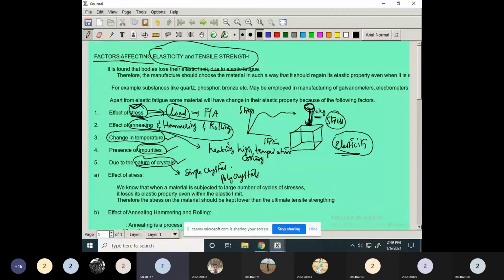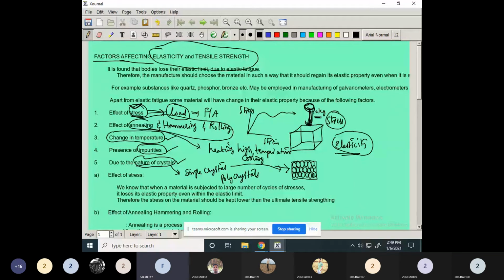What is the meaning of single crystal here? Single crystal means inside the crystal you have only a single orientation. The atoms or molecules will be oriented only in a single format. There is only one type of format available. Those are known as single crystals.